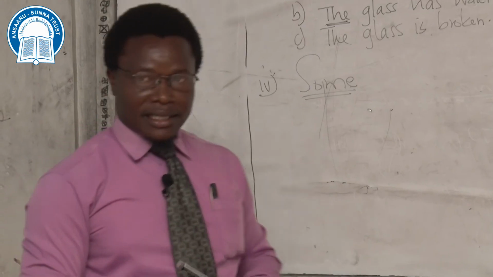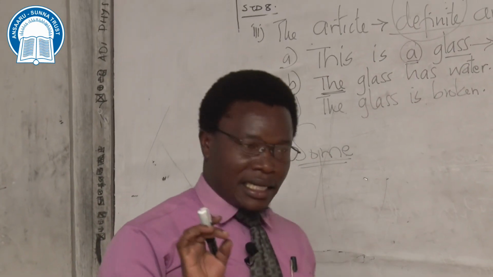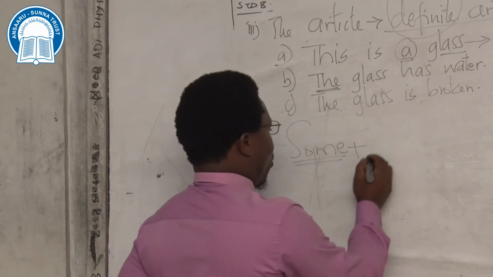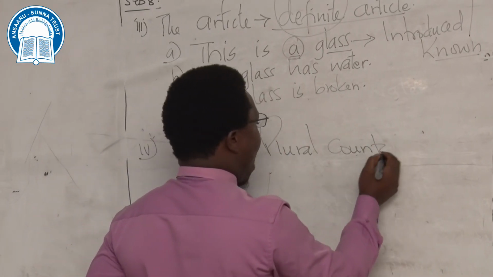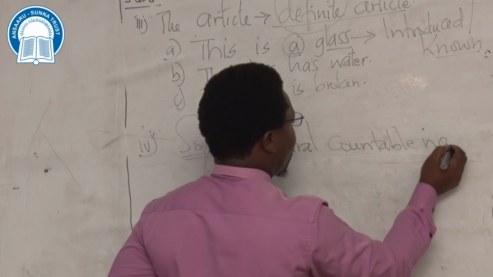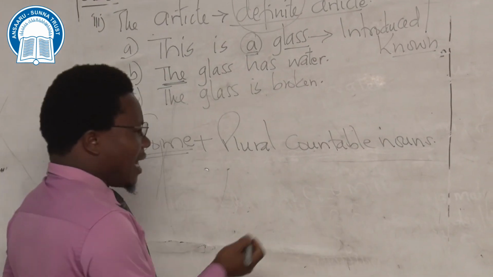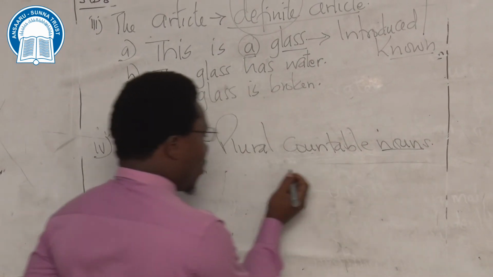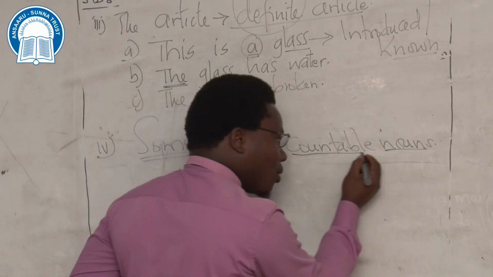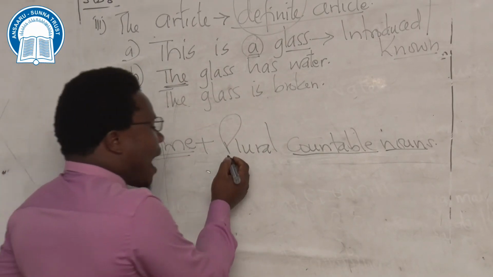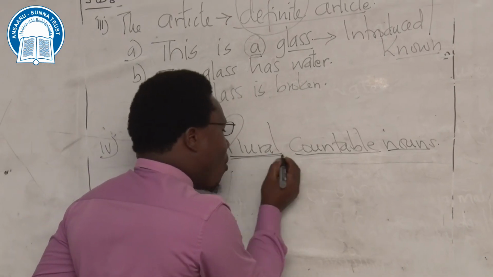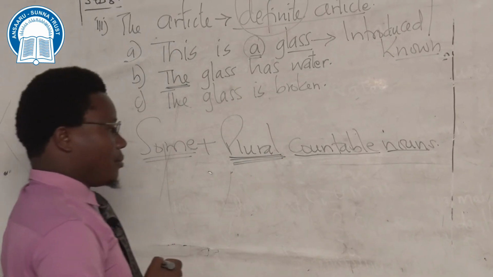Viewers, "some" as a determiner is used, first of all, with plural countable nouns. That is, the noun should be countable, and it should be in a plural form.